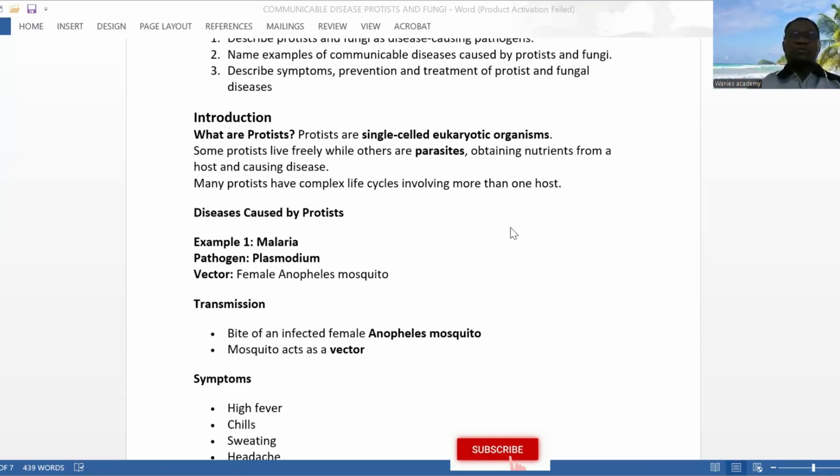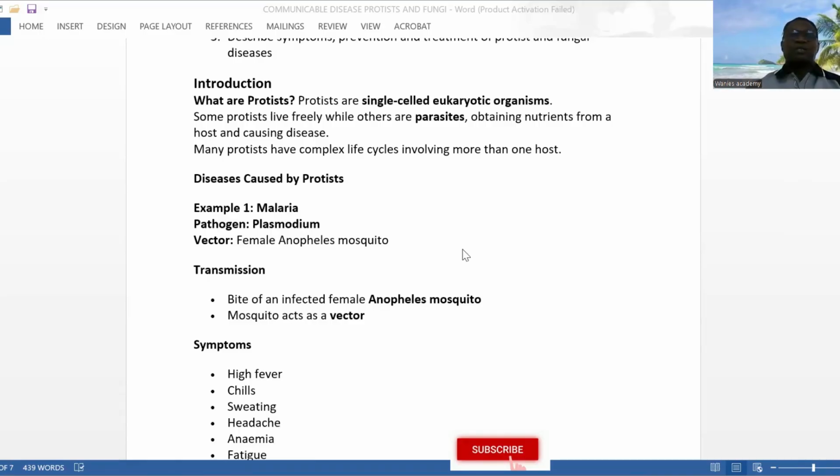One major protist that causes fever is known as malaria. Malaria is a disease caused by a protist known as Plasmodium. Plasmodium is carried by the female Anopheles mosquito.